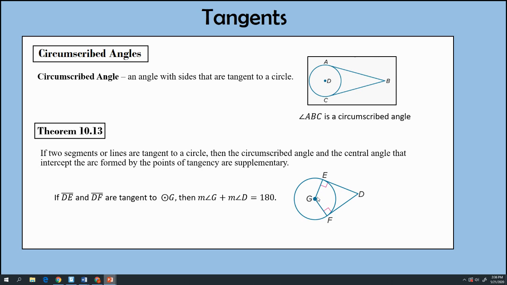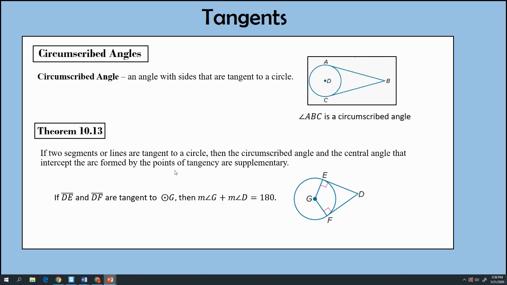Now, look at this as a quadrilateral. Look at GEDF, that quadrilateral. What do we know about a quadrilateral's interior angles? Well, they always add up to 360, right? If angle E and angle F are both 90, that's 180 of the 360. That leaves 180 left for G and D to share. So that means G plus D is always going to equal 180, because E plus F equals 180, and all four have to add up to 360.